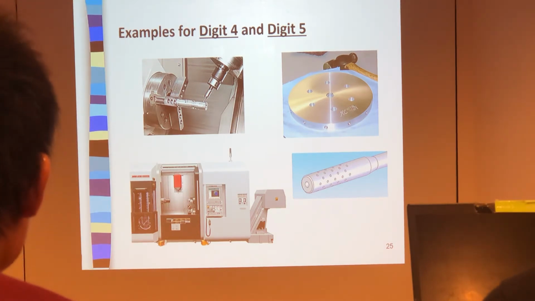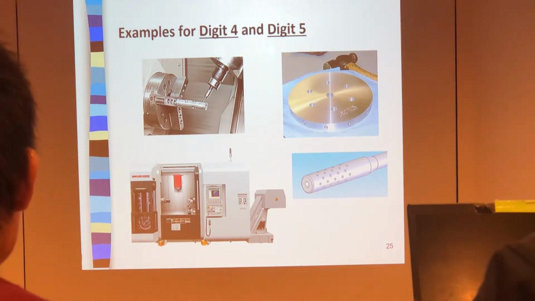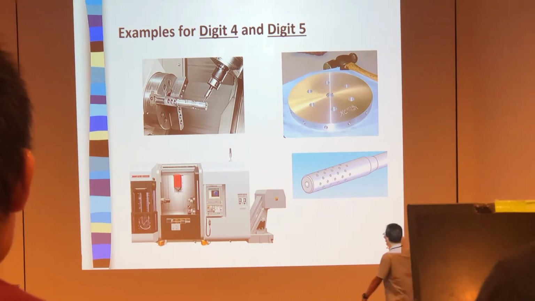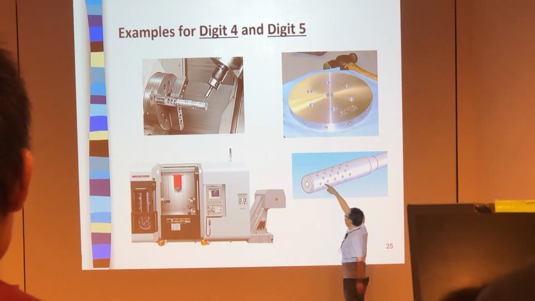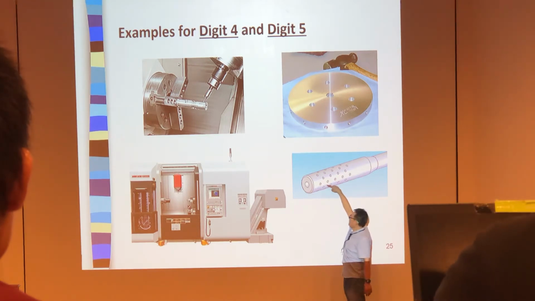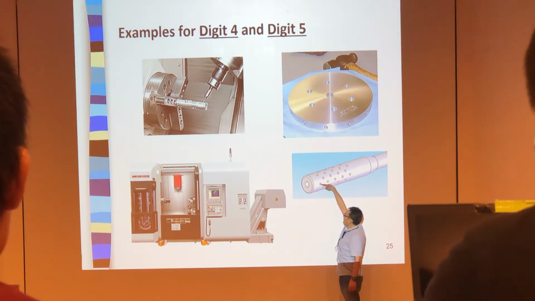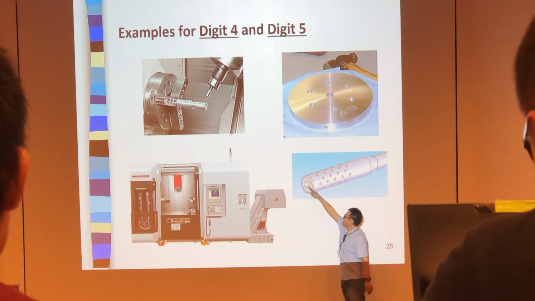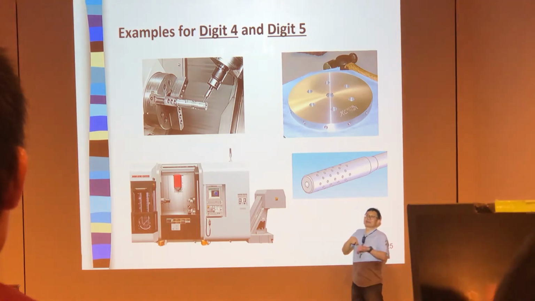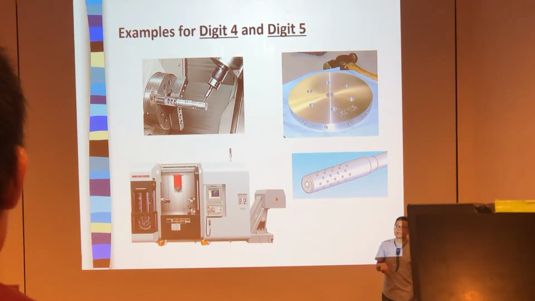But even auxiliary holes can be further classified into 2 subgroups. One is these holes, where the axis actually points to the central axis, perpendicular to it. We call this radial, along the radius direction, right?